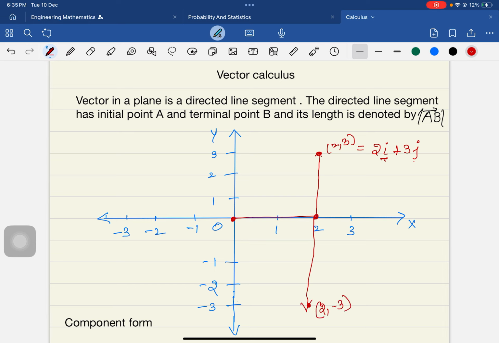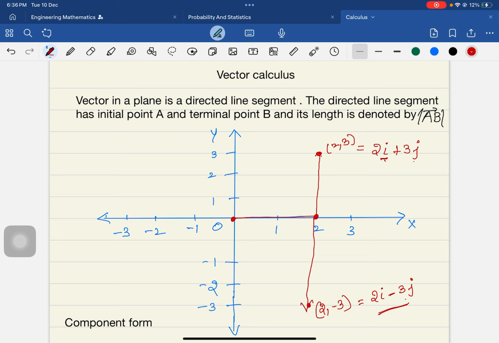So this direction tells you that going down the lane, 2 comma minus 3 is the direction. That means 2 times i in the x direction, and you are going down, therefore negative 3 times j. That shows that towards the y-axis going down, the negative sign gives you the expression. So what is meant by 2i minus 3j?